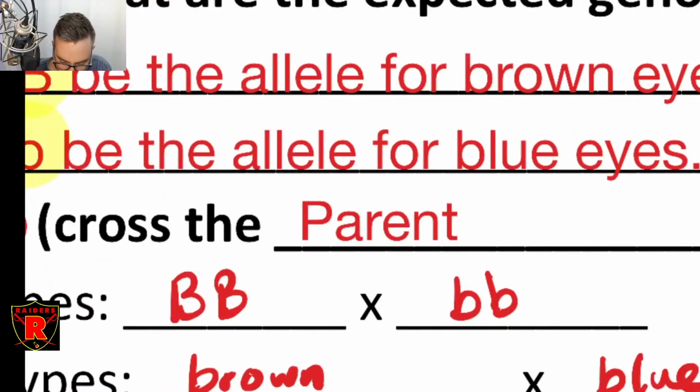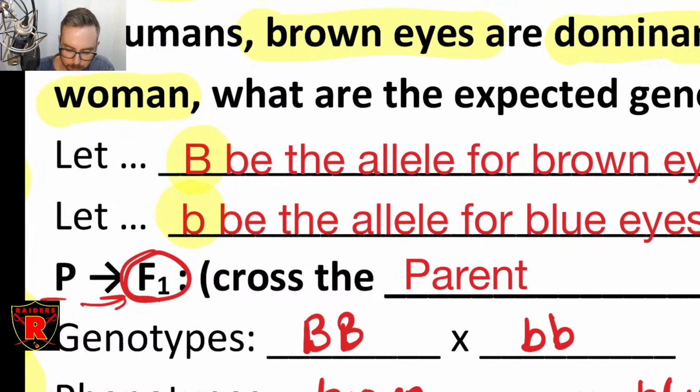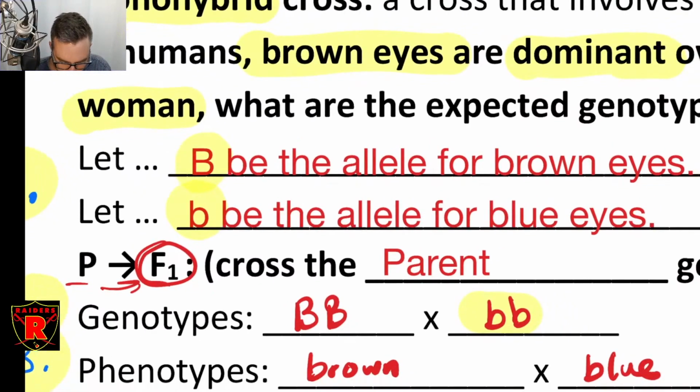Blue-eyed is the recessive trait, so the only way to get a blue-eyed woman is to have two recessive alleles. There is a little bit of inference you have to make here, but it should be fairly obvious that the woman has to be little b, little b, because that's the only way to get blue eyes. Those are the genotypes of the parents.